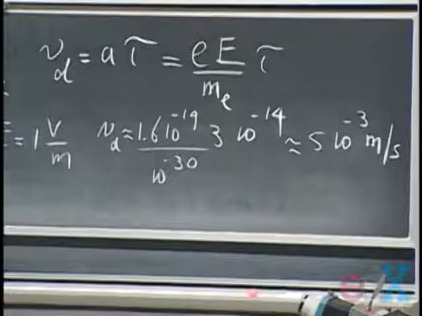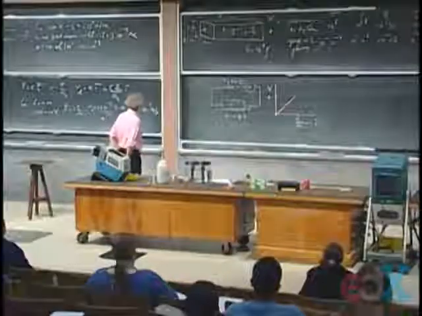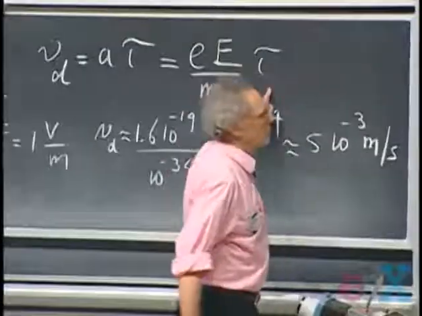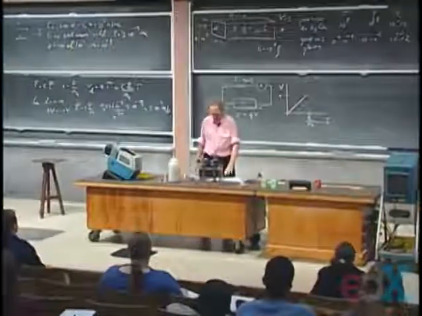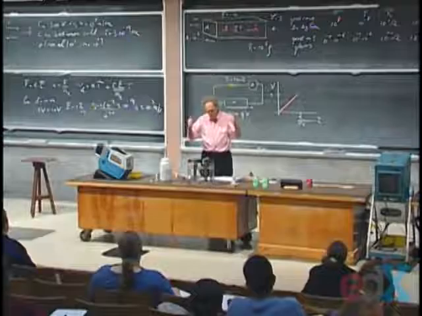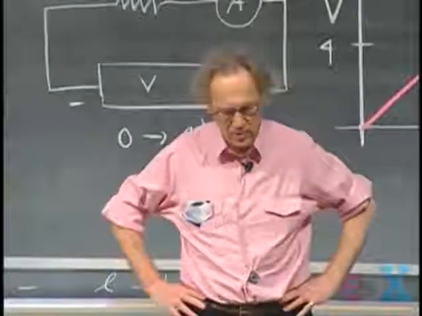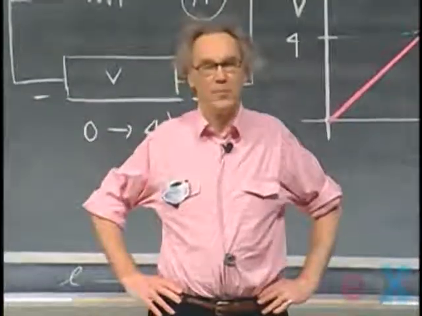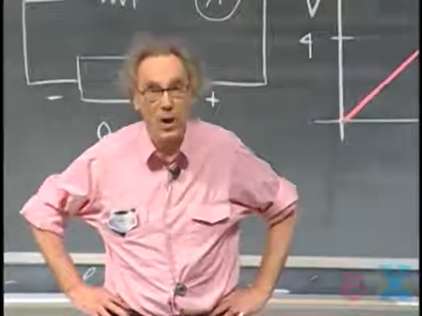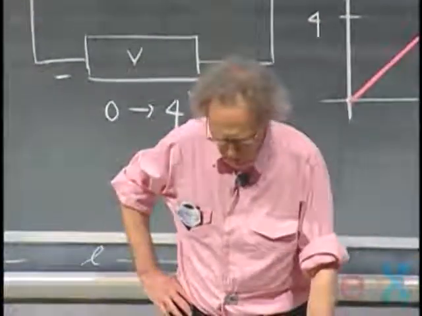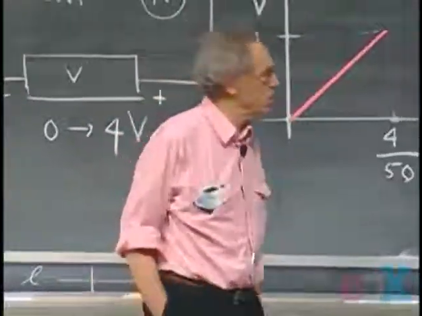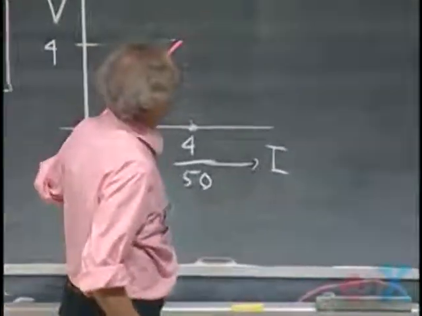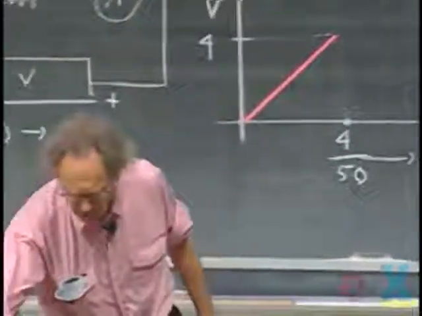And so if tau goes down, then clearly the conductivity will go down. And that means rho will go up, and so you get more resistance. So when you heat up a substance, the resistance goes up. Higher temperature, higher resistance.